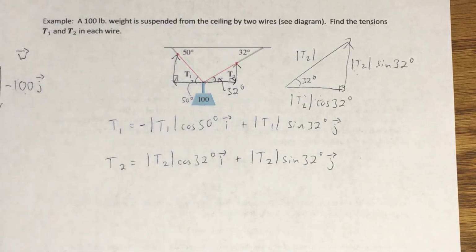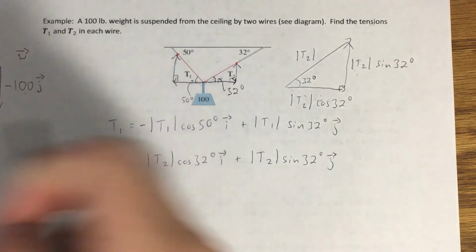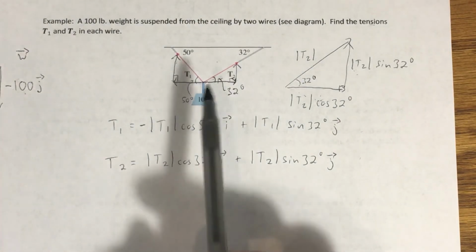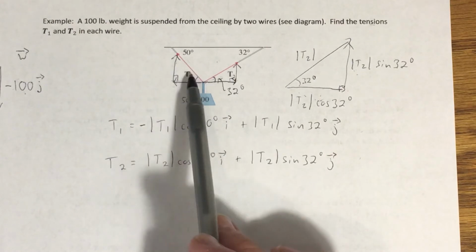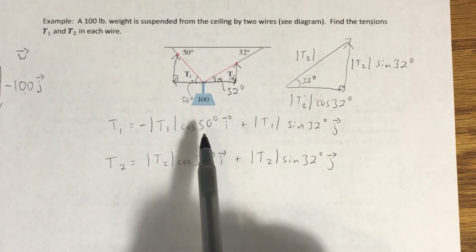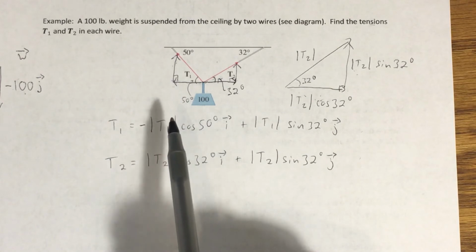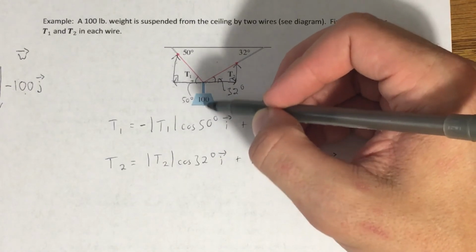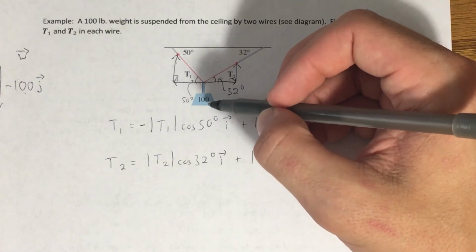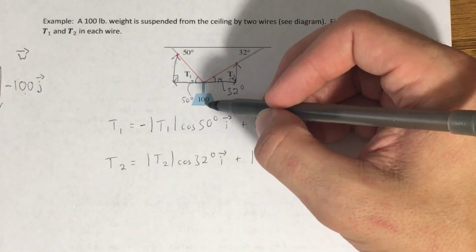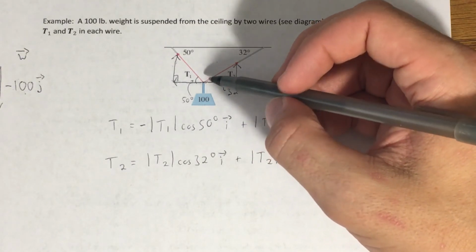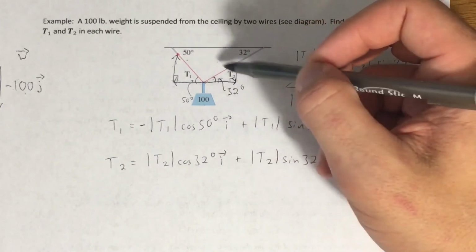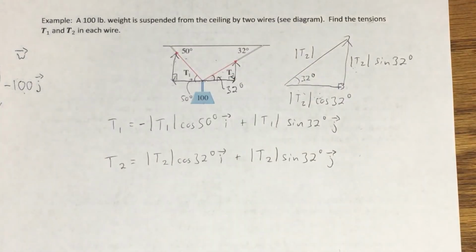Okay? Now, we're going to use a simple principle from physics to connect some things here. The idea is that these wires are holding this weight in place. And in a certain sense, they counterbalance each other. Your book uses that term. So what that means is that the downward force being exerted by this weight combined with the combined forces of these two tensions should cancel each other out.